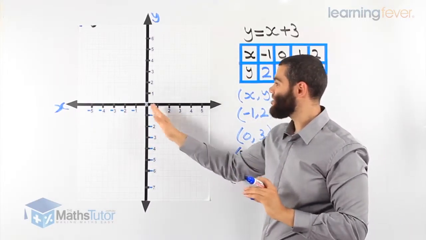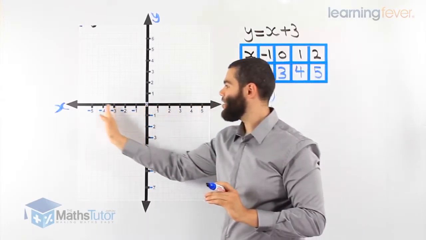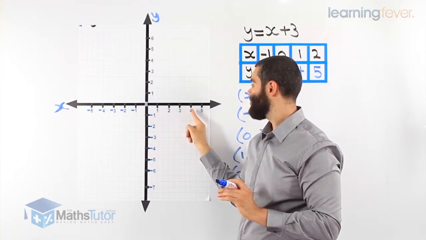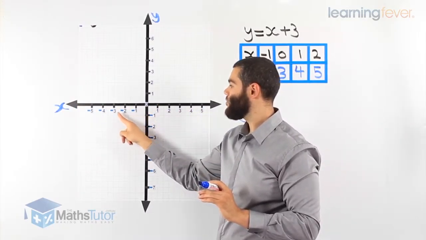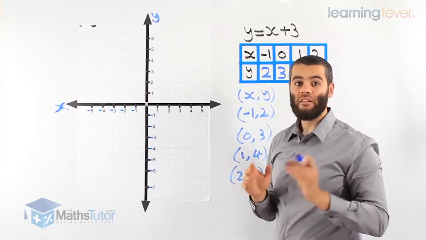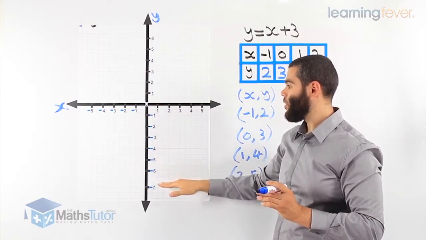The x-axis is divided. We have the positives on the right and the negatives on the left: 1, 2, 3, 4, 5, and negative 1, negative 2, negative 3, negative 4, negative 5. The y-axis likewise is divided into top and bottom.